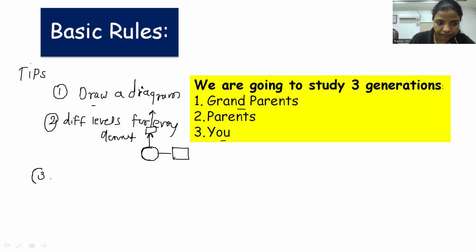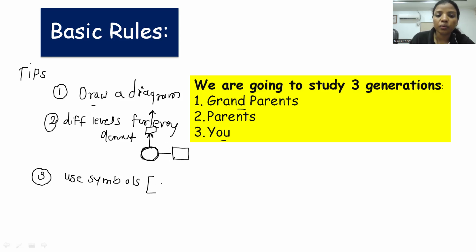Now the third tip is to use symbols. Like in the previous example, I considered myself a circle, my father a square, and my brother a square, right? So use symbols which will help you draw a diagram.